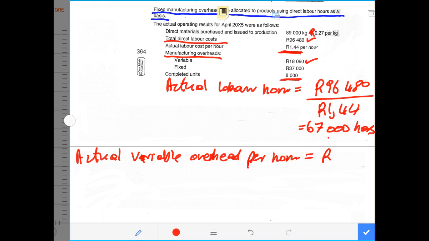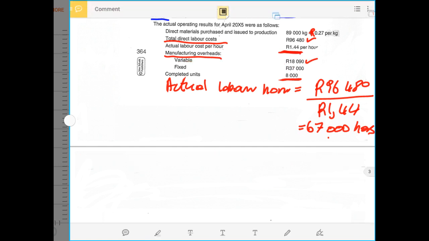We have to take the actual overhead. Here we have variable overhead 18,090. We take 18,090 and we divide this by the actual labor hours. Our actual labor hours is 67,000 hours. Why do we divide by the actual labor hours?